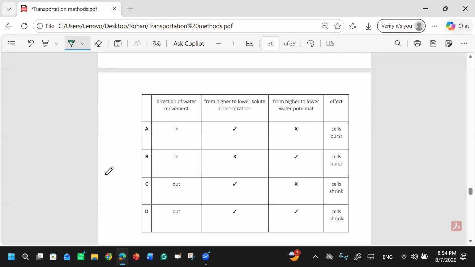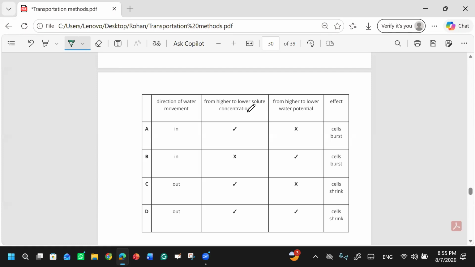Outside it has more water and inside the solution there is less, so it goes from high to low concentration.